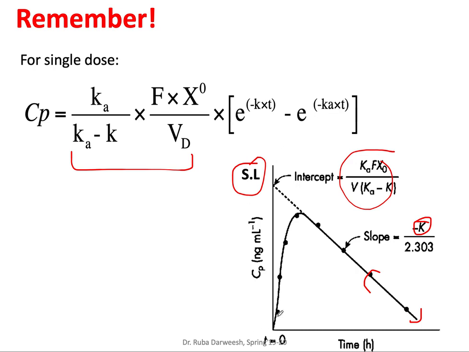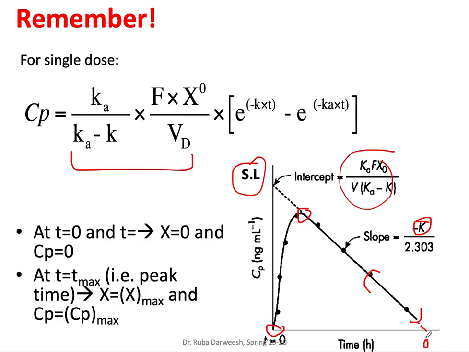From what we know about the kinetics of extravascular, we know that we start at 0, right? We reach the maximum when the rate of absorption equals the rate of elimination, and at time infinity, we will reach 0 again. So 0, maximum, and 0.